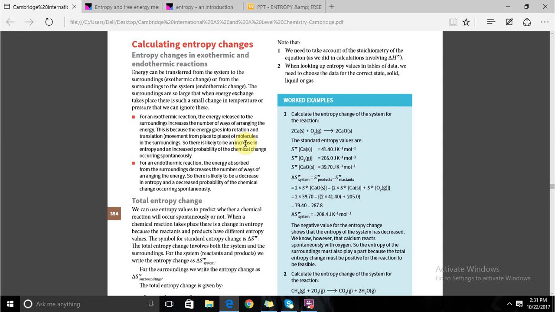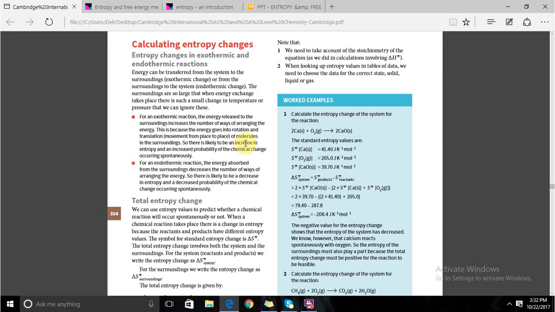That is only if the overall entropy is positive. And how can it be positive? Because there's another factor, and that is the entropy of the surroundings. Even if we have a negative entropy of the system, if the entropy of the surroundings is positive, and that can only be positive if the reaction is exothermic, because only then will entropy increase, there's a chance the reaction will still occur spontaneously.